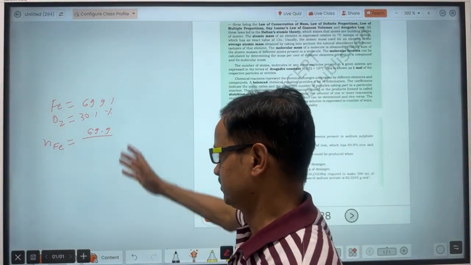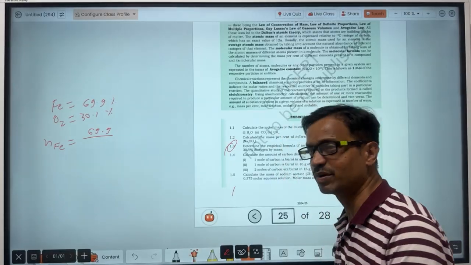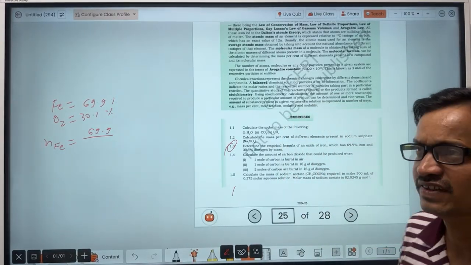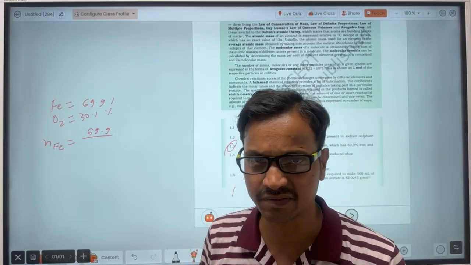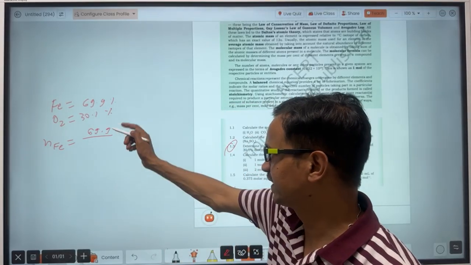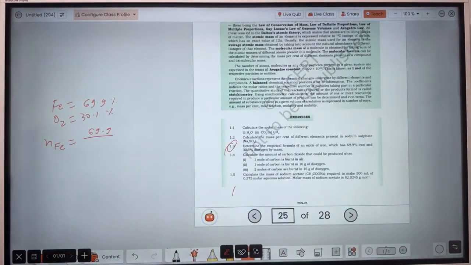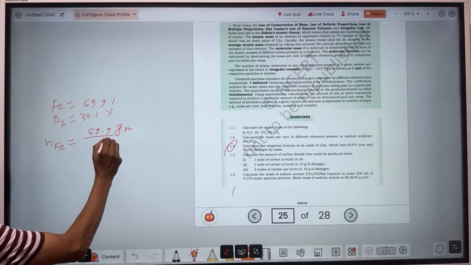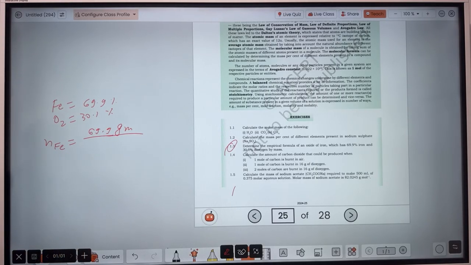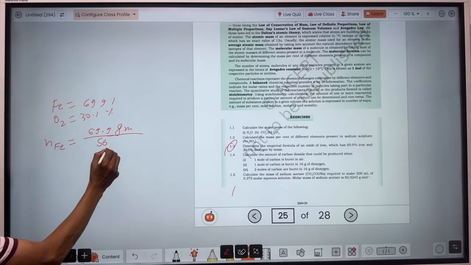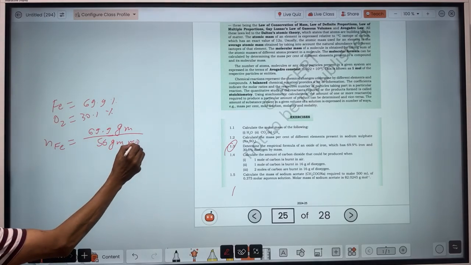So firstly, how to find out their number of moles, the ratio of the number of moles, that is the empirical formula. So iron here, weight is 69.9 gram. So the number of moles will be how much? 69.9 gram upon the molar mass of iron, that is 56 gram per mole.